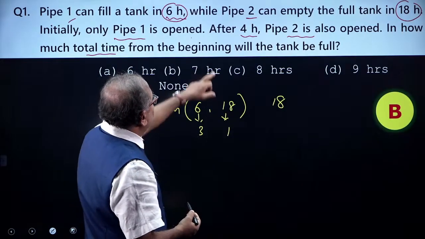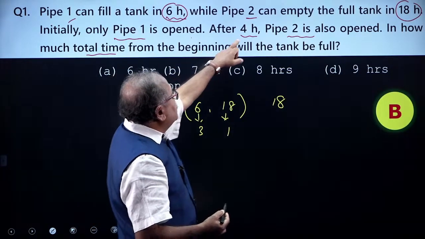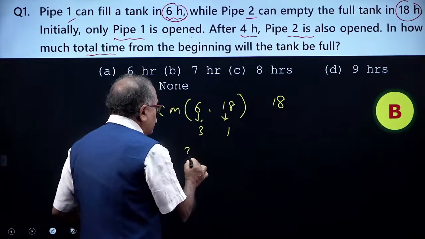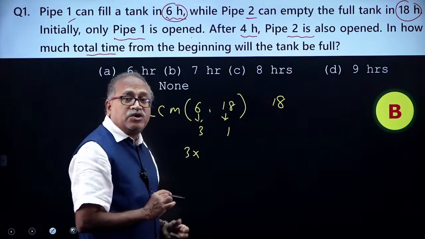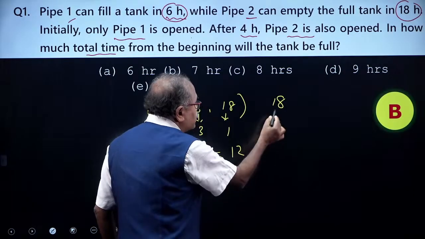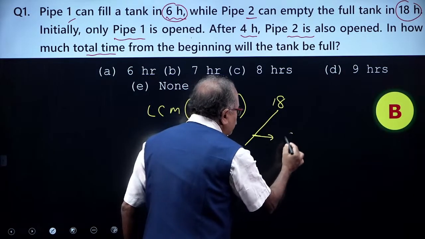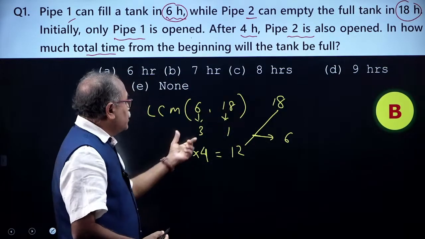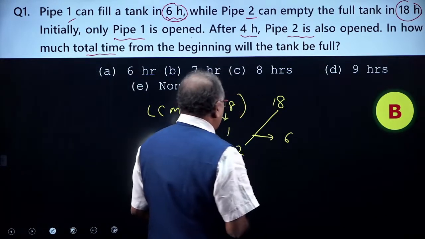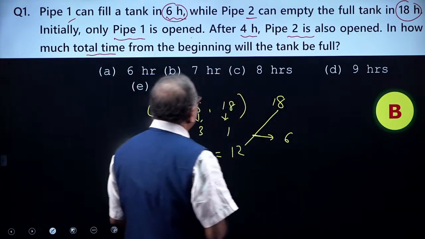After 4 hours the second pipe opens, so 3 into 4, the first pipe was open for 4 hours, so 12 units are already done. 18 minus 12 leaves 6 units.